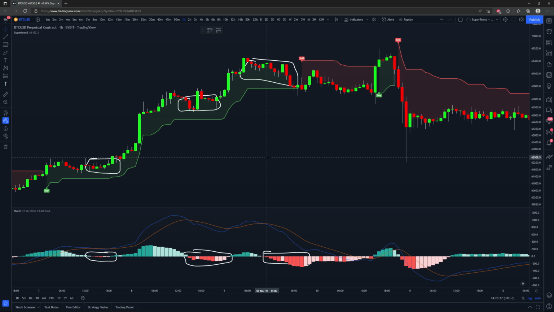You still want to have the trend as your friend, still using market structure to your advantage, looking for higher lows and higher highs in an uptrend, looking for lower highs and lower lows in a downtrend, and expecting continuation moves. But this gives you an indication of the shorter term trend, and if it may be coming time for a larger pullback and maybe a trend reversal.